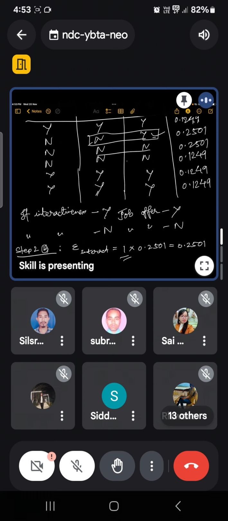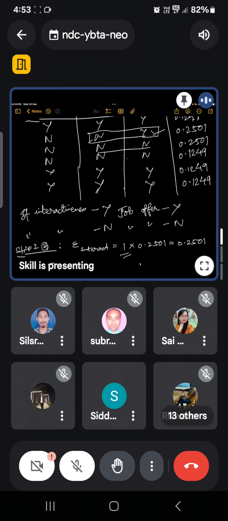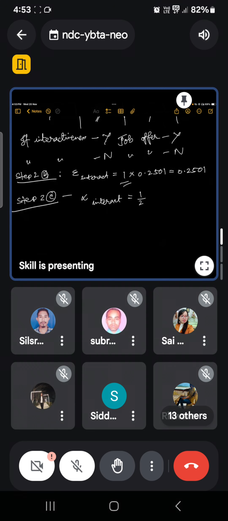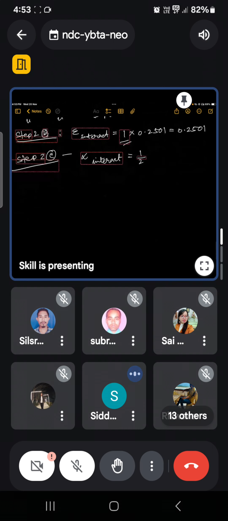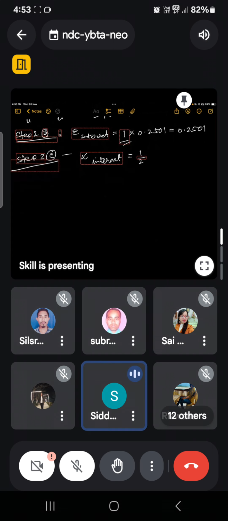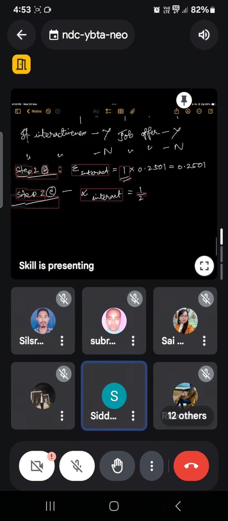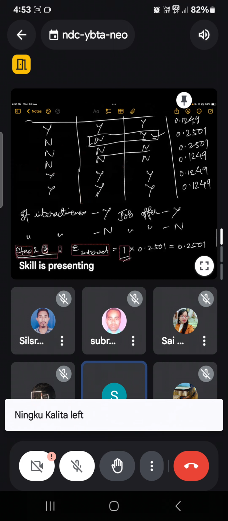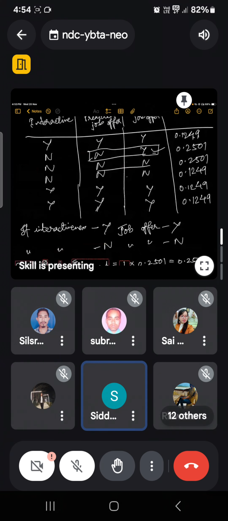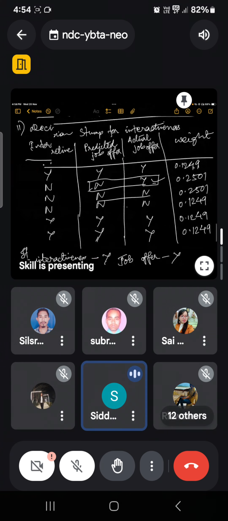If both cases, yes-no and no-yes, were misclassified, then we would have written 2 into 0.2501. Sir, then the value should be 0.1249 for the no-no case.